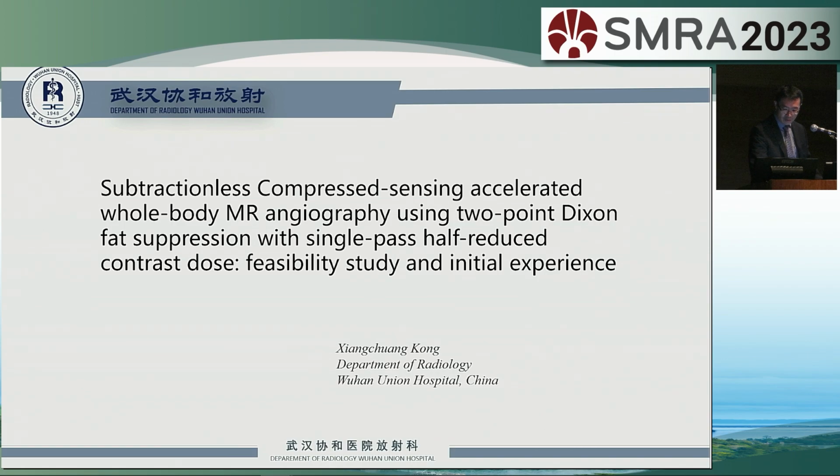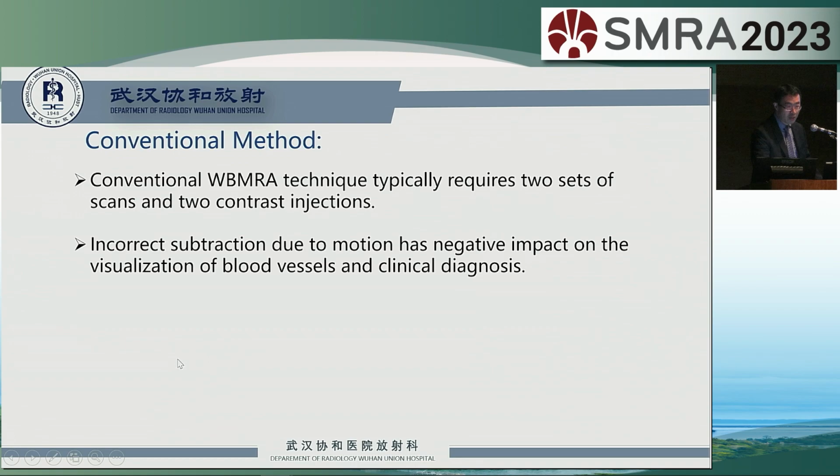His name is Xiang Chuangkong, and he's from Wuhan Union Hospital in China. So this work is about whole body MRI, and for the conventional method, typically it requires using 2 sets of scans and 2 contrast injections. However, this is a subtraction-based method, which is very sensitive to patient motion.